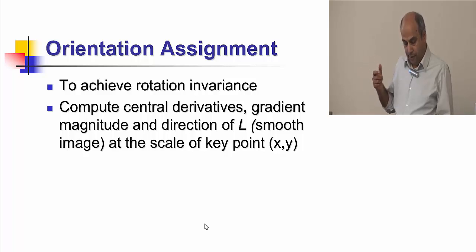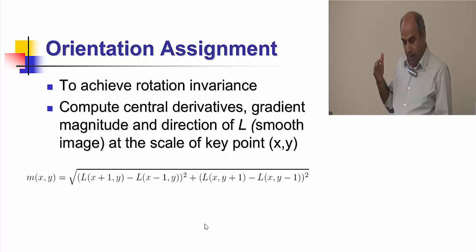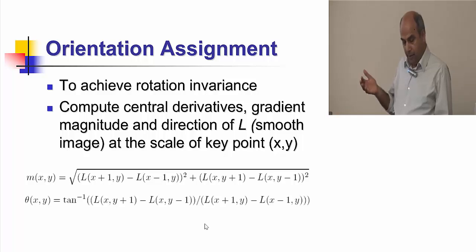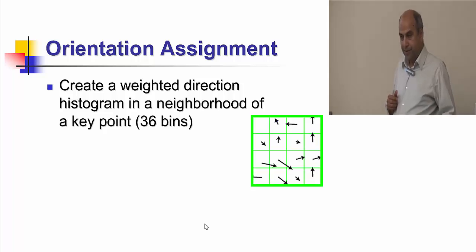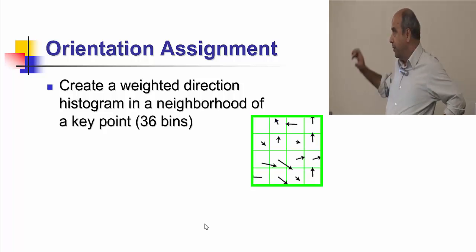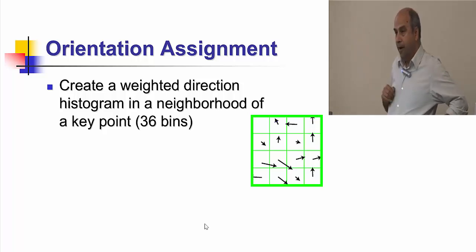We'll compute the gradient of that, the magnitude and the direction, and then we will create a weighted histogram in a small neighborhood of that key point. So let's say we take this small neighborhood. Each of the points around that has a gradient direction, which are shown here.